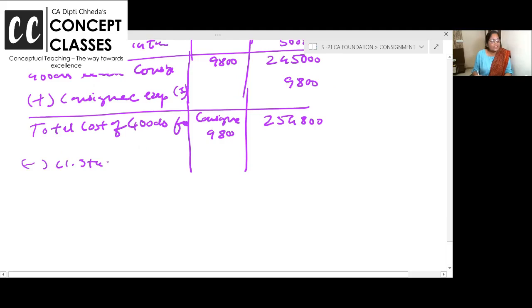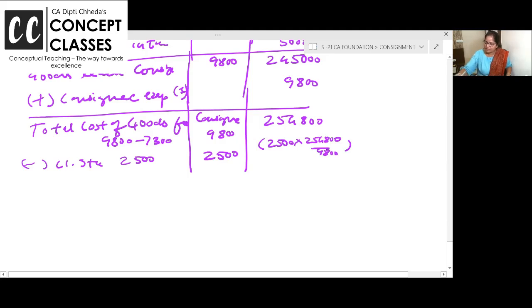How many units are sold? 7,300. 9,800 minus 7,300, 2,500 units are unsold. तो कितना होगा? 2,500 into 254,800 divided by 9,800. 65,000.